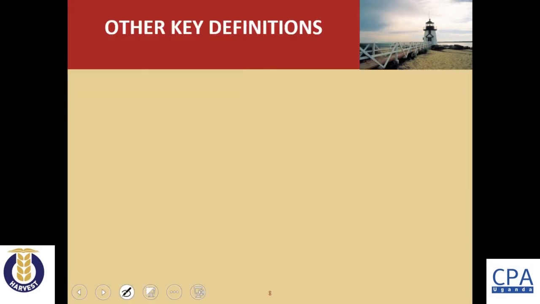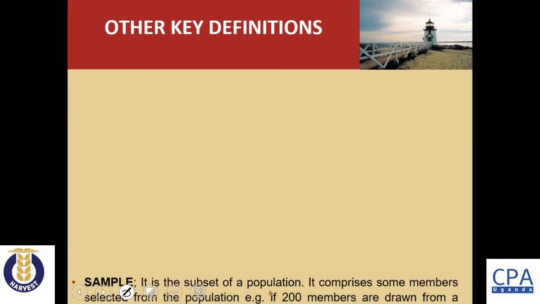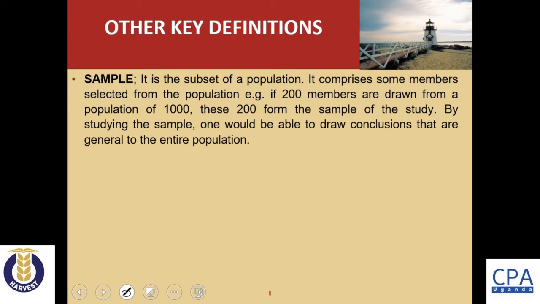You are going to meet other key definitions in this unit, and one of those is the sample. We have already said the sample comes from the population, therefore the sample is a subset of the population. It comprises some members selected from the population, and we are giving an example where 200 members are drawn from a population of 1,000.